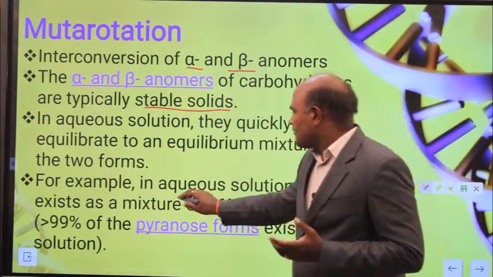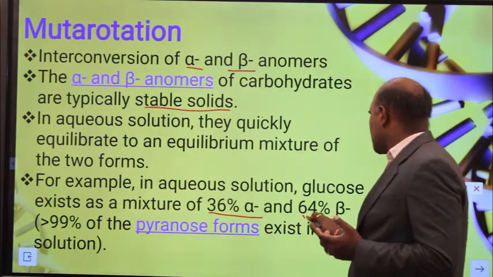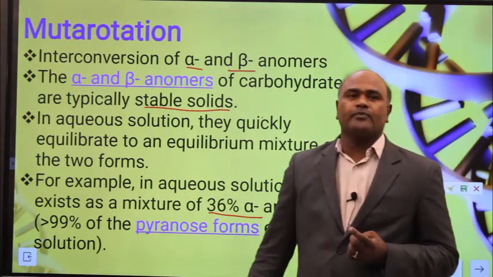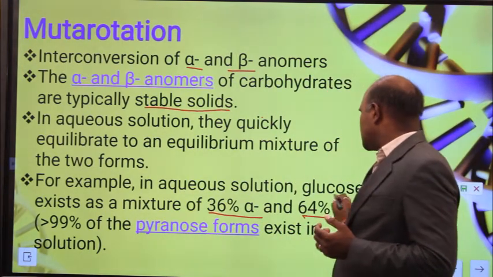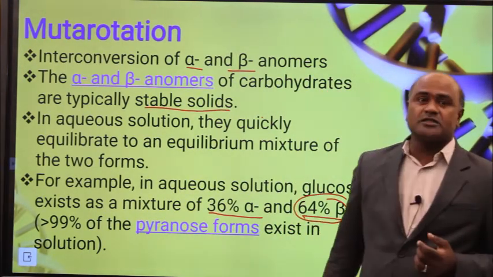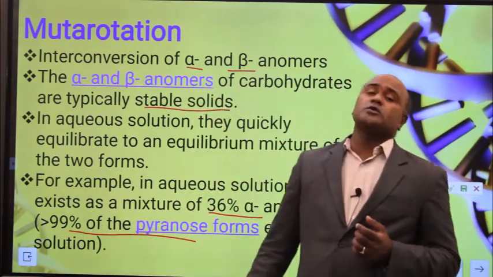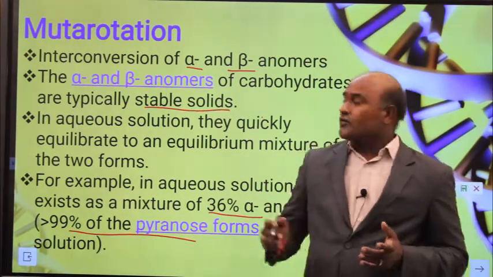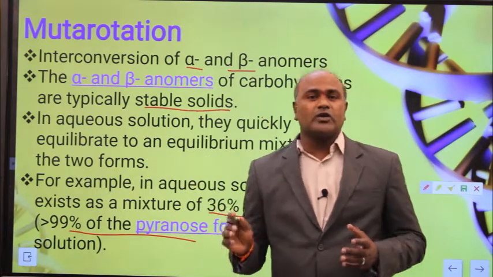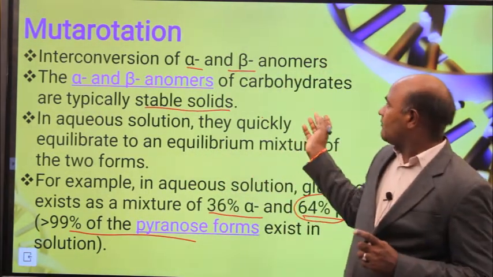When you make this solution, glucose exists as 36% alpha and 64% beta. Greater than 90% of the pyranose forms exist in solution. So this is mutarotation, the interconversion of alpha and beta.